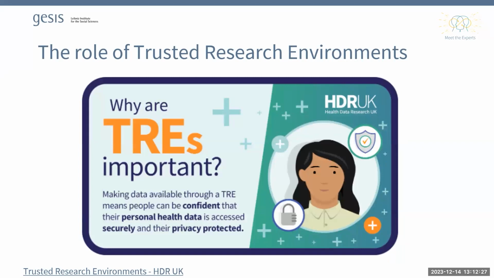And they're important because without these kinds of environments, we simply would not be allowed to share these kinds of data. So this is really the mechanism by which we were able to start sharing these very detailed data. And they play an important role in building trust within not just the research community, but they enable data owners to feel that they can trust us with their data.